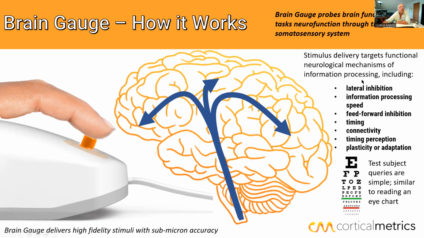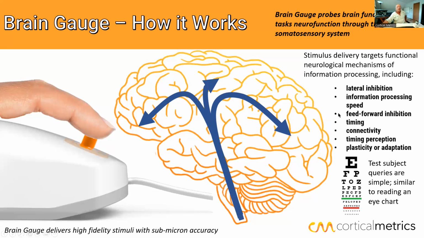The way we ask these questions, they are all mechanistically targeting different mechanisms of information processing. These are mechanisms like lateral inhibition and information processing speed. There are several different mechanisms that we target. If you want to find out more about those, we've got videos on each of these different mechanisms and the science behind them.